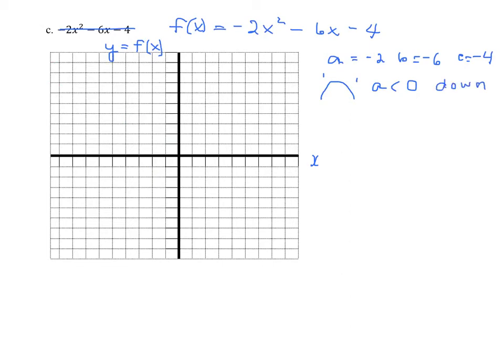Next thing is we're going to figure out the x-coordinate of the vertex. So the x-coordinate of the vertex is x equals negative b over 2a. So it's negative 6 over 2 times negative 2. So this will become 6 over negative 4, which will become 3 over negative 2.